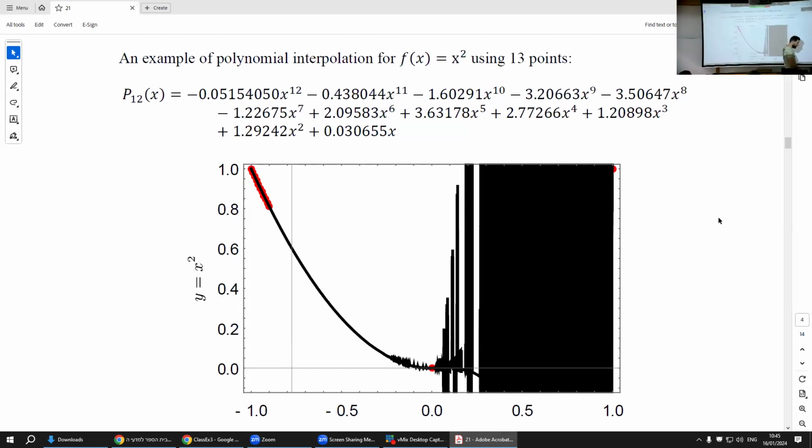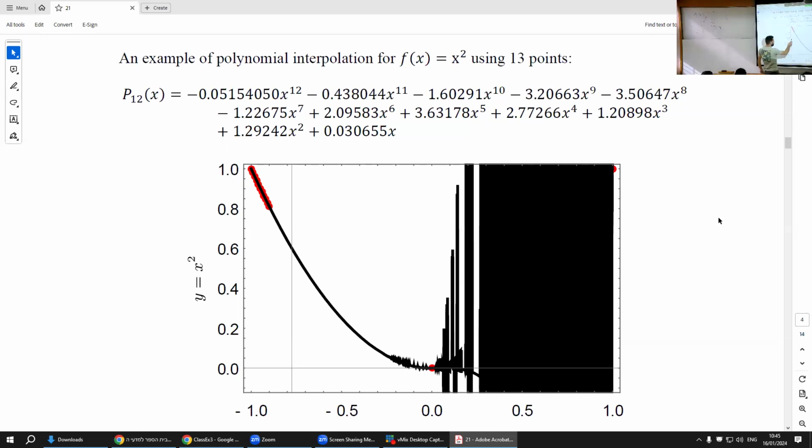Because I told the computer to compute for me, using the Neville algorithm or the Lagrange polynomial, a polynomial of order 12. And I told it to compute this such that it goes through these points and this point and this point.